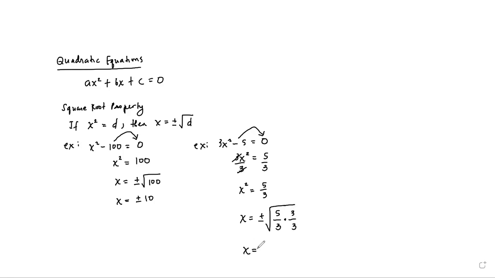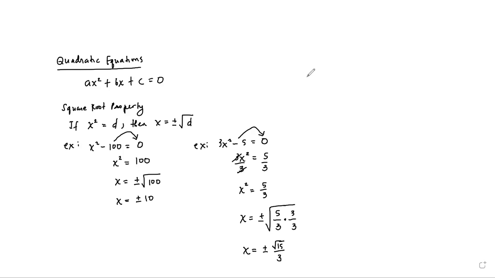So this gives us x is equal to positive negative square root of 15, and then we have 3 times 3, which is 9. But if we get the square root of 9, that will give us 3 in the denominator. So our answer here is x is equal to positive negative square root of 15 over 3.